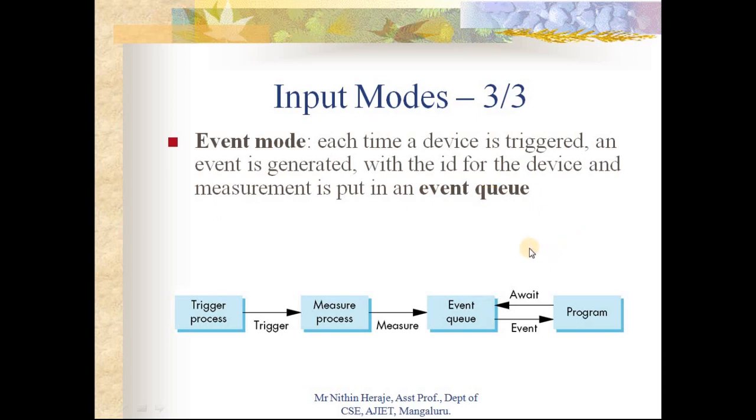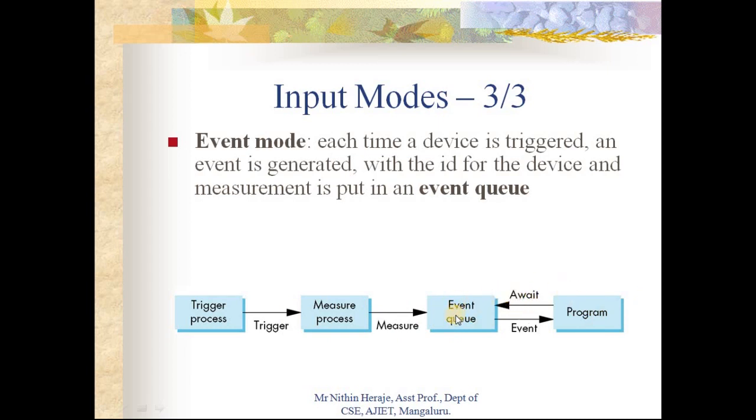So what happens here is, each time a device is triggered, an event is generated, and the measure is stored in this event queue. The program will be waiting for an event.